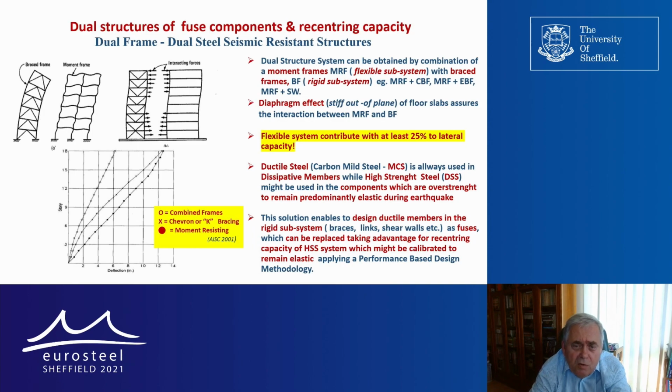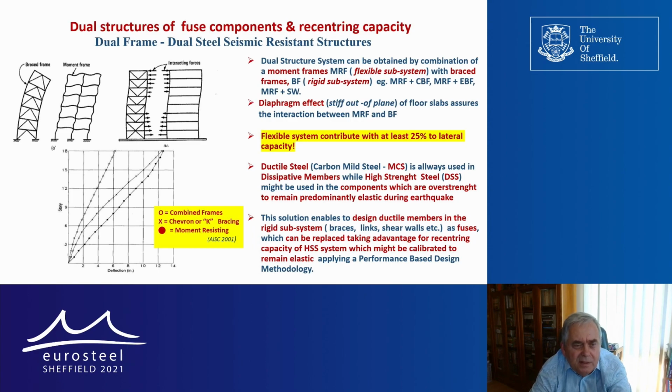What you have to know, and it is important, in order to consider such a dual frame system, we must have the participation of both subsystems, moment resisting and braced system.